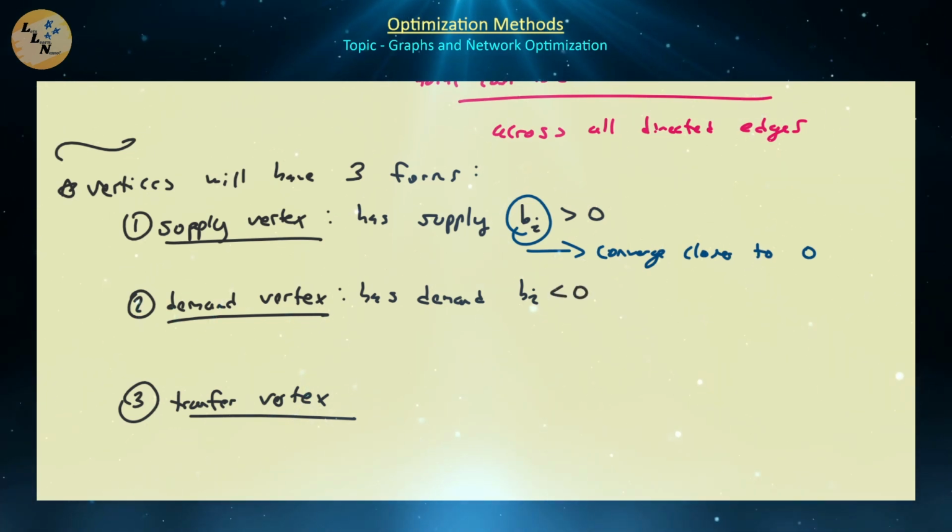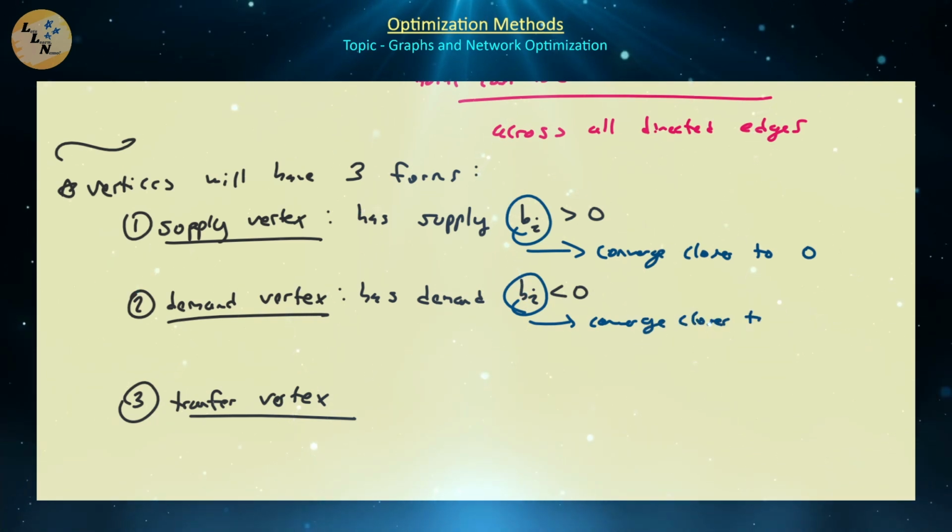So it's going to start off negative, and it's going to converge closer to 0, just from the other direction. You don't want it to converge to a positive number because then you're going to have a surplus, right? For example, if I have 5 loaves of bread and all of my stores cumulatively want 5 loaves, then my supply is going to depreciate to 0, and the demand also is going to increase to 0 because they have all of the things that they need.